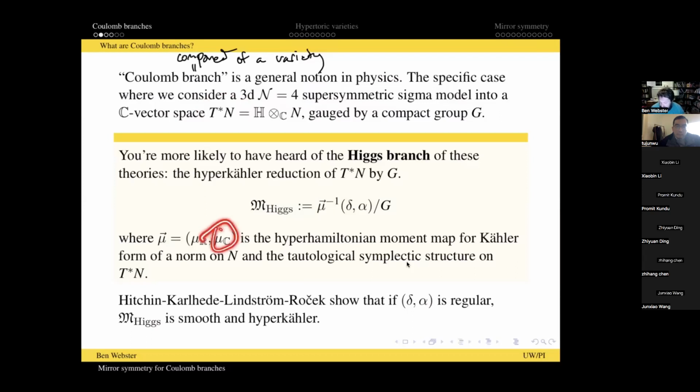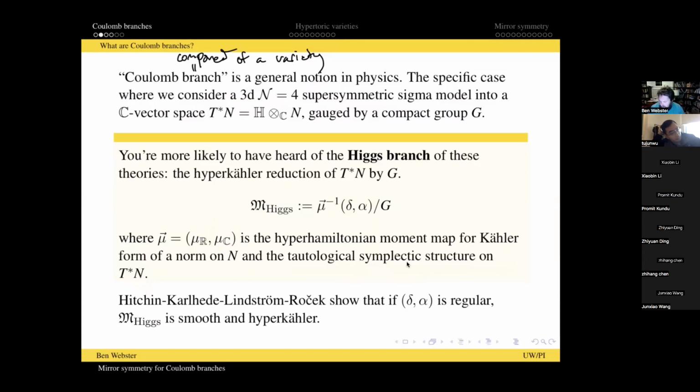Whereas mu C comes from thinking of T star N as a cotangent bundle and taking the obvious complex symplectic structure on T star of N. And of course, implicitly, that's corresponding to J and K as complex structures on the quaternions. All right.